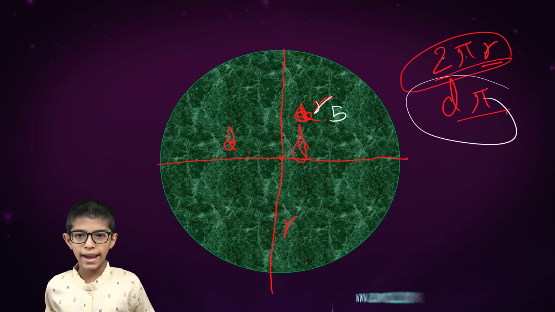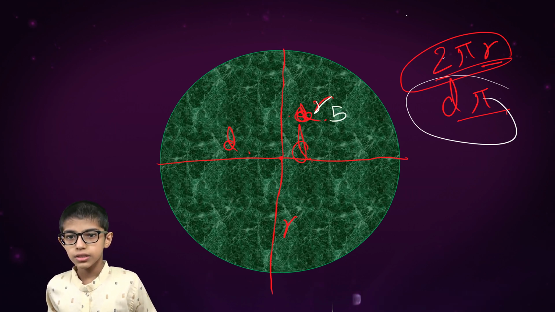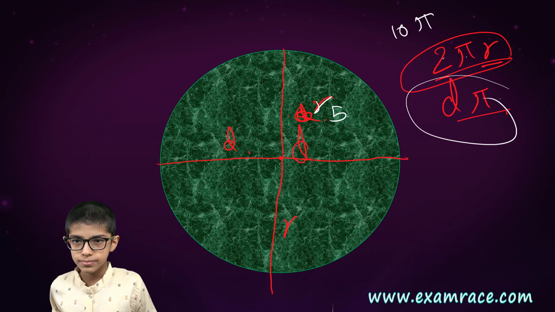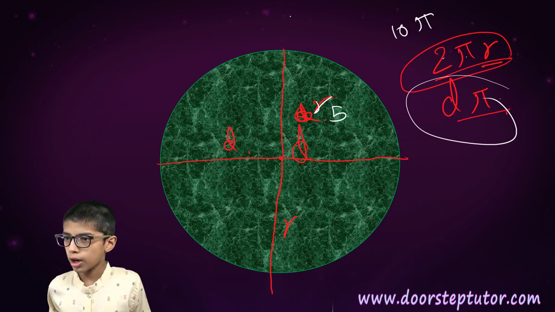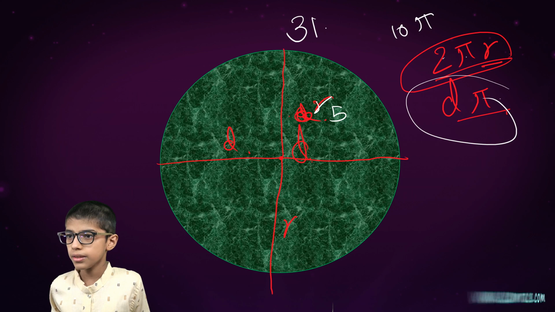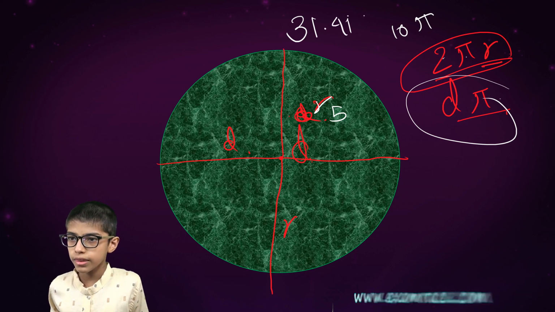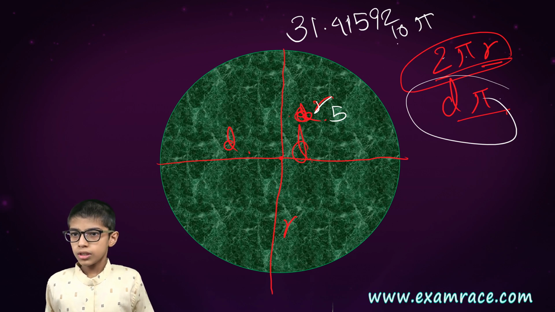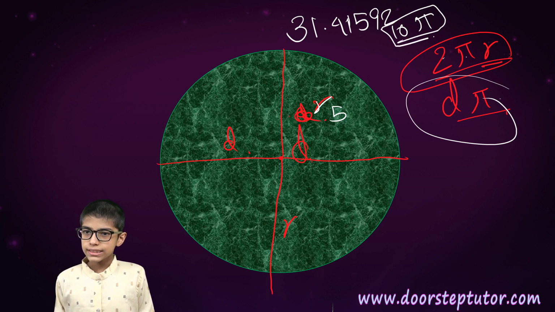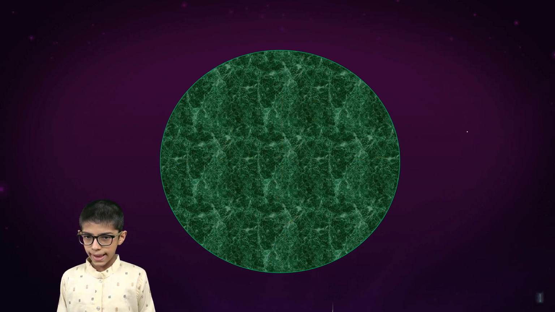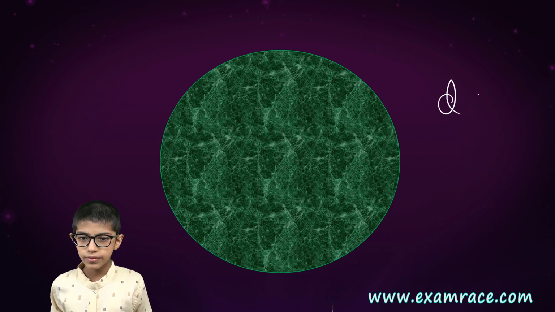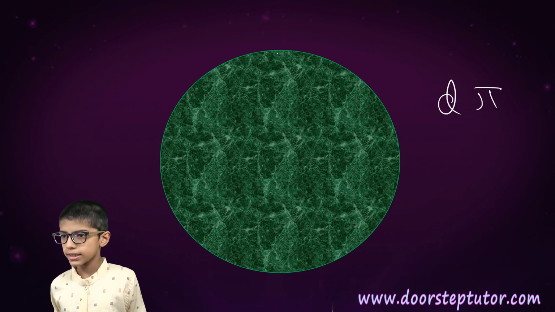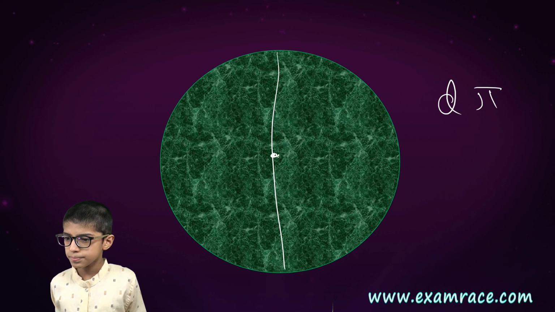So, 2 pi into 5, which gives us 10 pi, which is approximately 31.41592. We can also give the answer directly in terms of pi. Then, next we can also do it by d multiplied by pi.